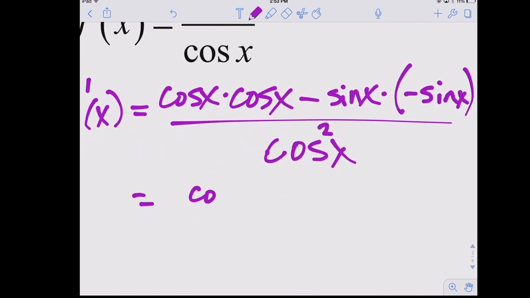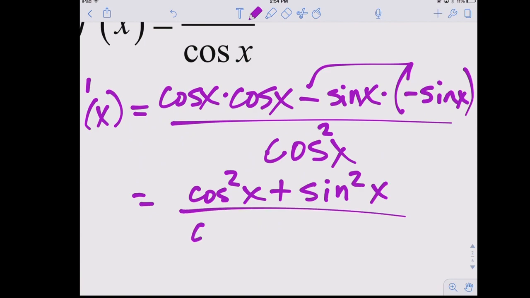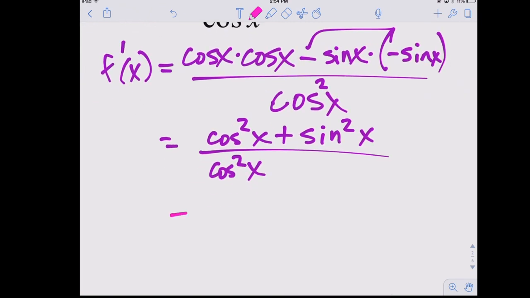Now in the top, you get cosine times cosine. That's cosine squared. Minus times minus becomes plus sine squared of x all over cosine squared. And if you write the cosine squared directly under that one, you can add. Good. It's a term. You can't do that. You could do that. We'll do that second.